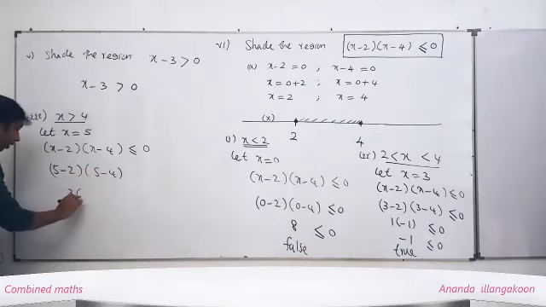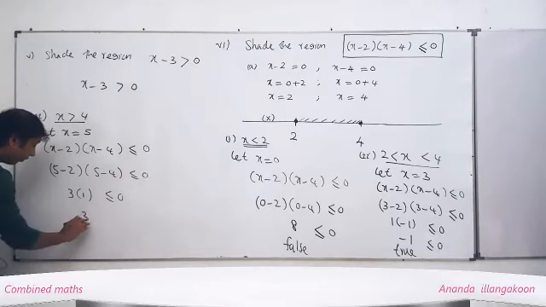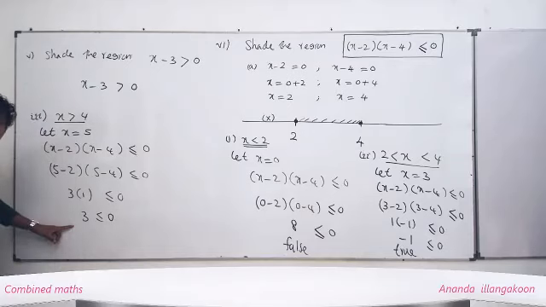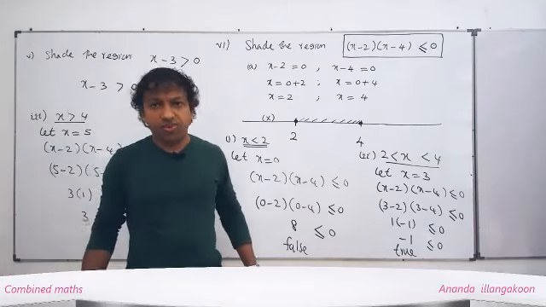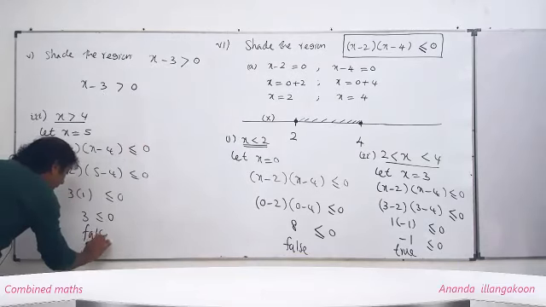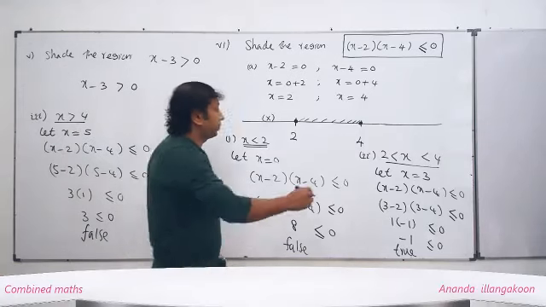Here 3, here 1. 3 less than or equal to 0. Is 3 less than 0 or 3 equals 0 true? No. False. Then we do not accept this region also.